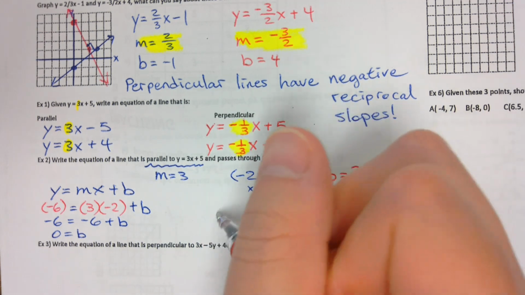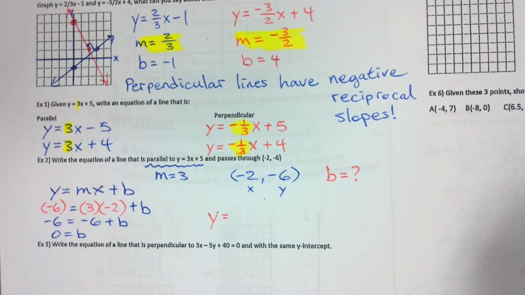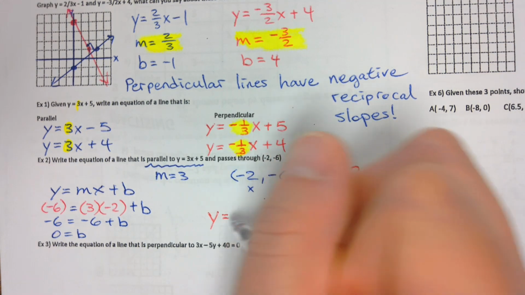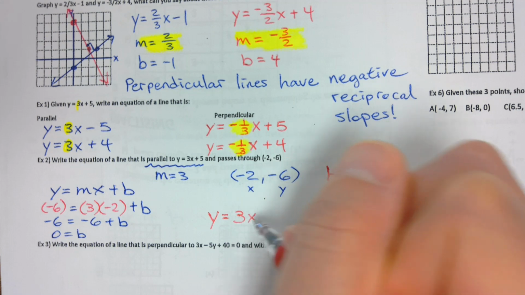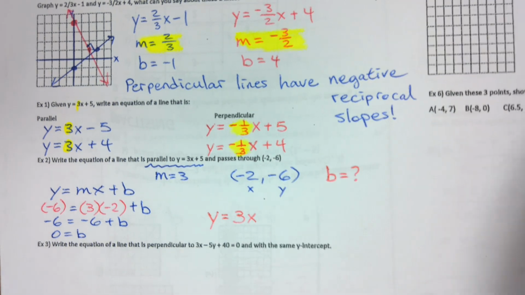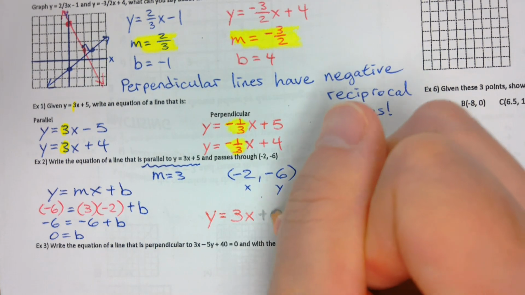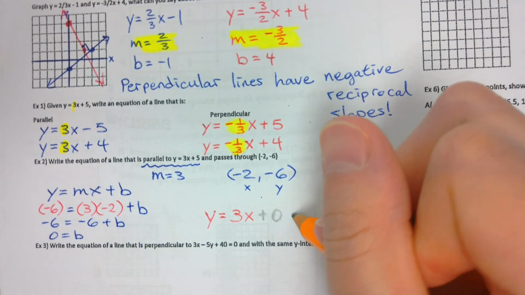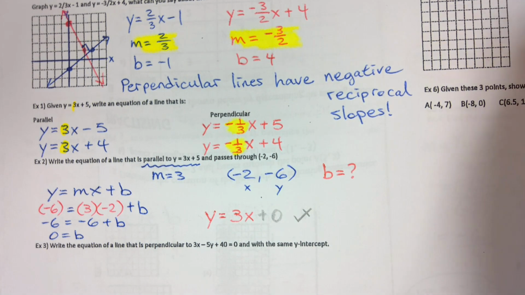What's my equation? Y equals. Okay, Sam, what do you say? Okay, so Sam says y equals 3x plus 0. This answer will give you half a mark off. What should it be, Charles?